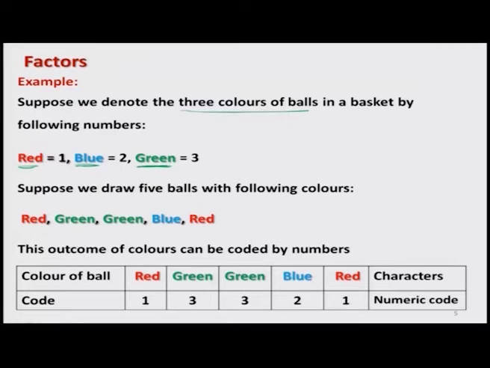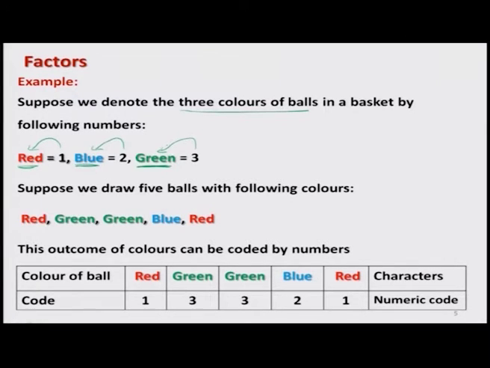We cannot do any mathematical manipulations over this. I cannot say red plus green plus blue divided by 3. So, we try to give a numerical code. I give number 1 as the numerical code to red, number 2 to blue and number 3 to green.